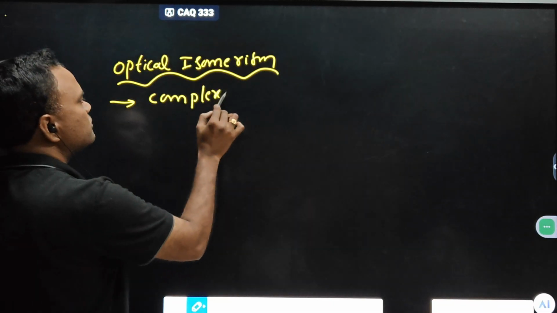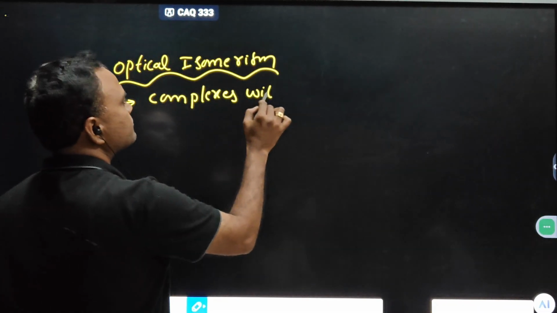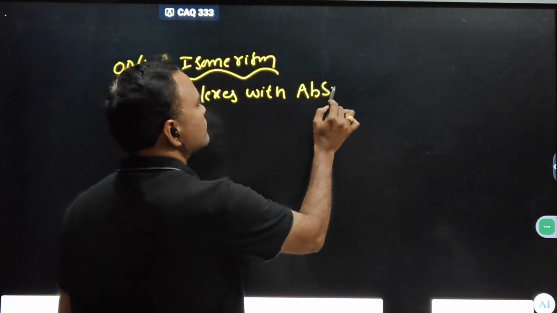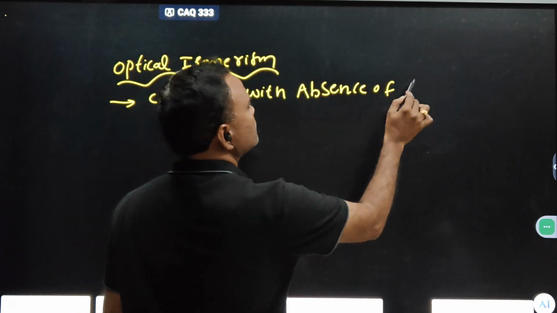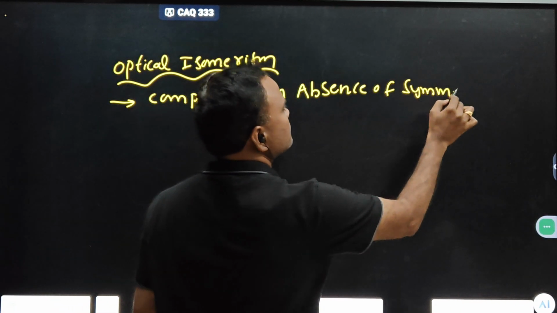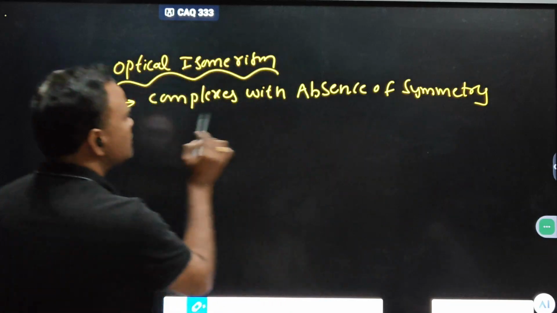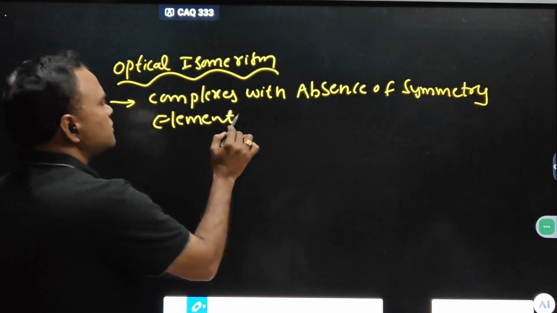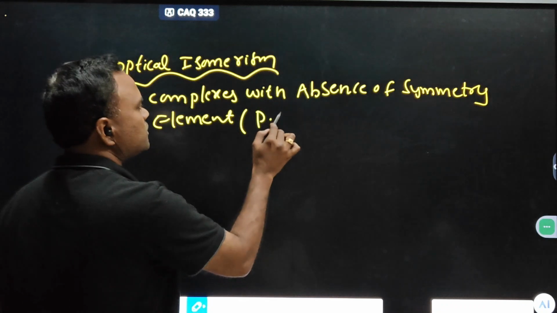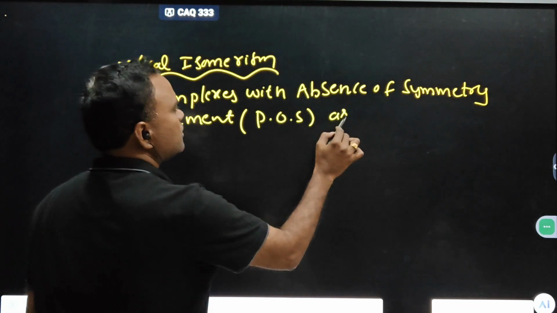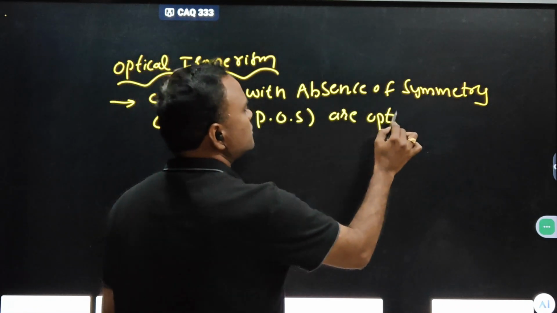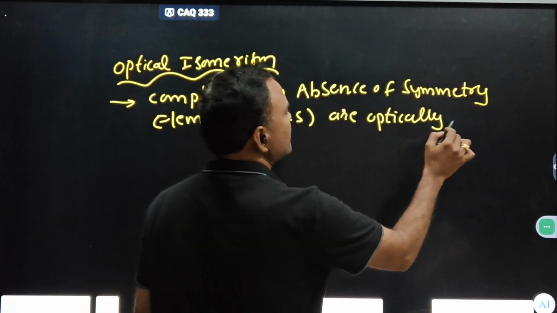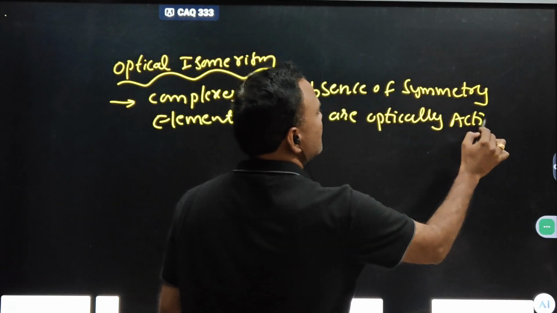Complexes with absence of symmetry elements. Symmetry element means plane of symmetry here. Complexes with absence of symmetry element, POS, plane of symmetry, are optically active, meaning they rotate plane polarized light towards left or right.